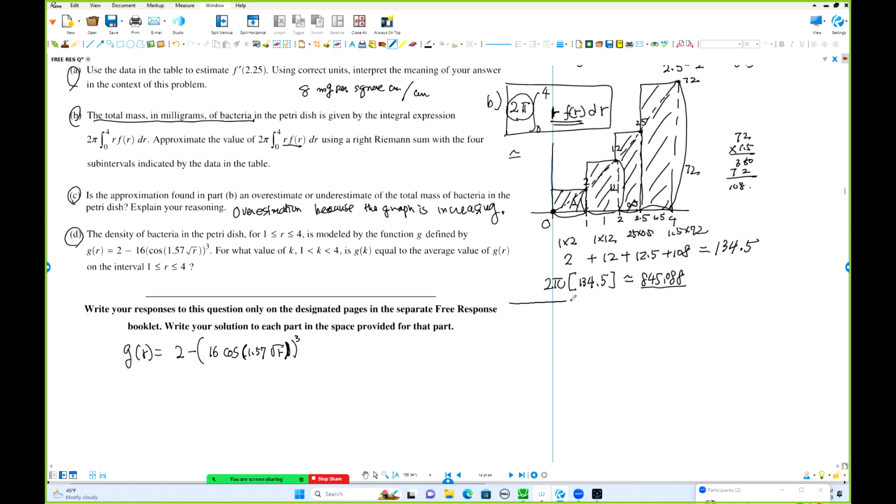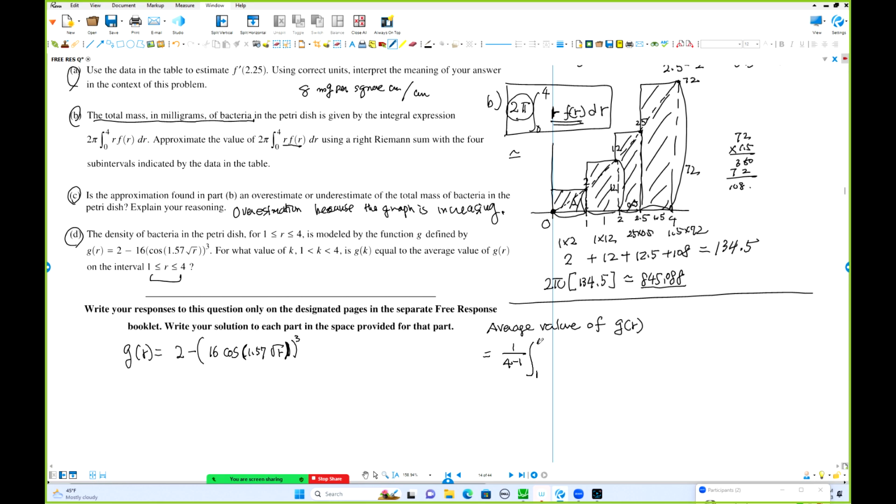I'm gonna write over here. In this interval, 1 and 4, okay? So the bottom is 4 minus 1, 1 over 4 minus 1, that is 3, okay?